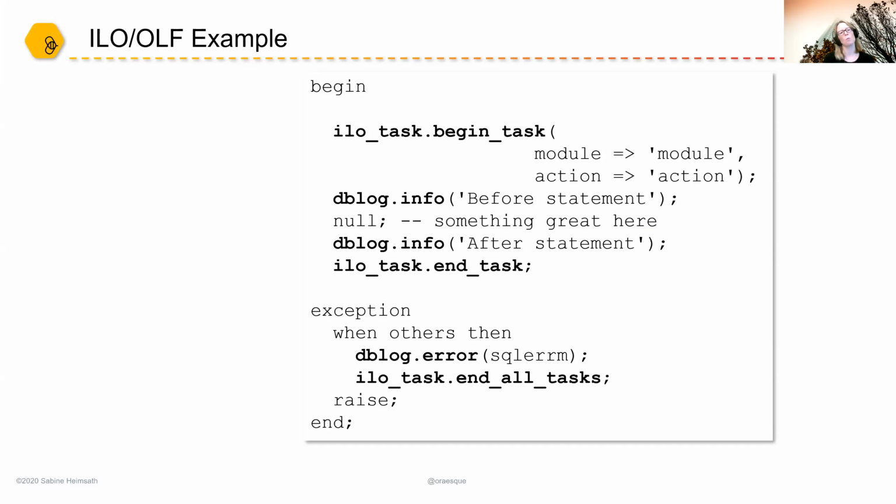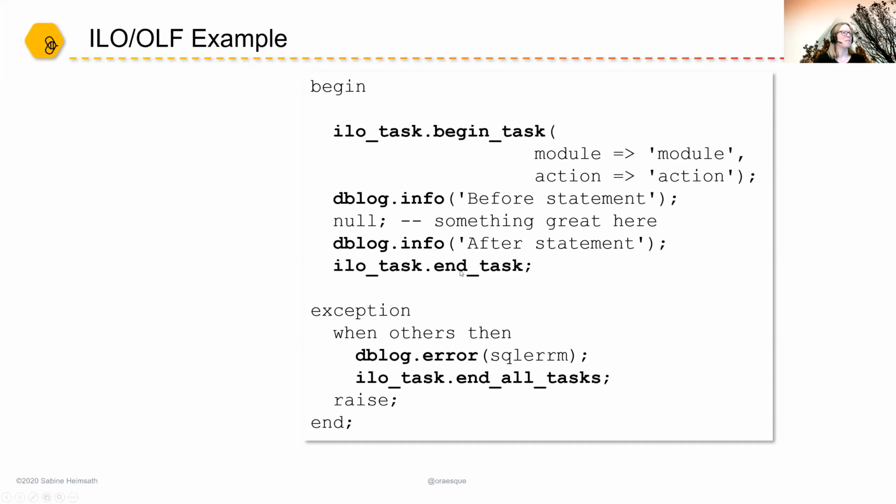Here's a small code sample. As I said before, ILO task begin task. There you set module and action, which you might recognize from the $session. Oh, you can't see my mouse, oops. And we have the DB log info that just logs some information to the table. Here's your business code, which is not important in this talk, but usually, of course, the most important bit.